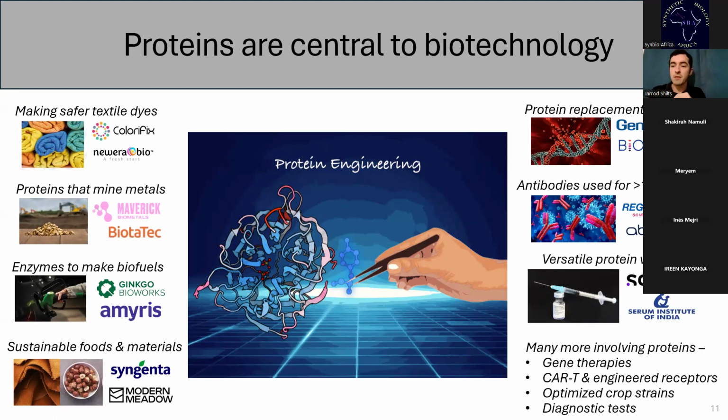Antibodies, of course, are a huge area that's been used to treat now more than 100 diseases across the world. Vaccines, gene therapies, areas like this. What they all have in common is they rely on these protein nanomachines to work. And if you can make and design these protein nanomachines, then you can pick one of these areas or other areas that interest you and think how you could use this to make a difference.